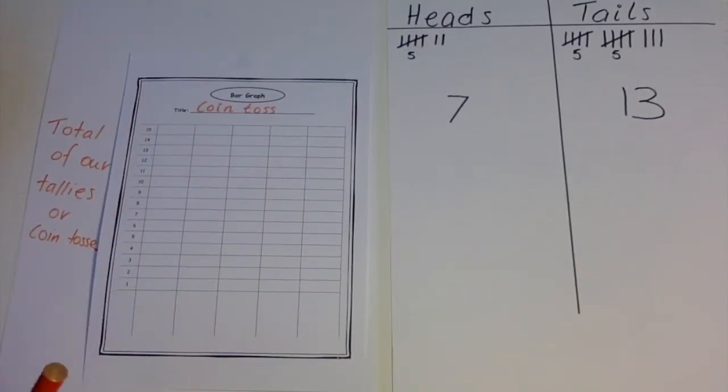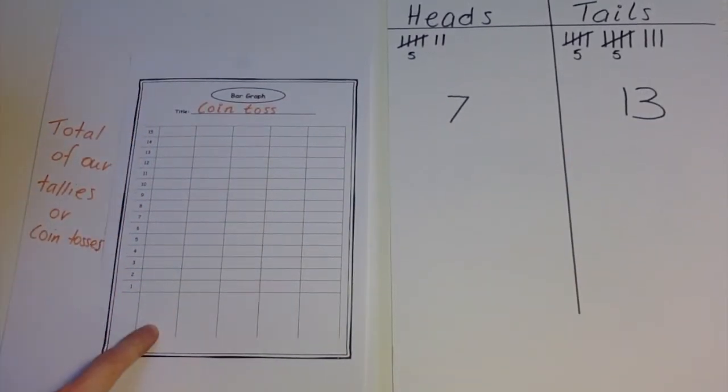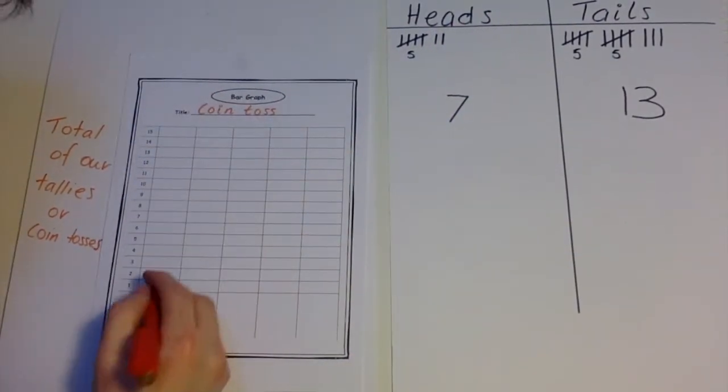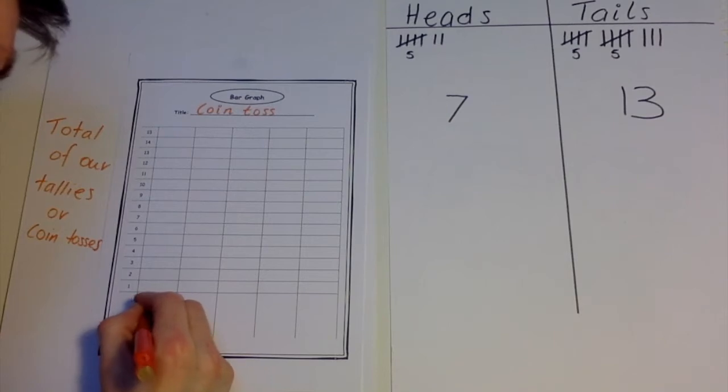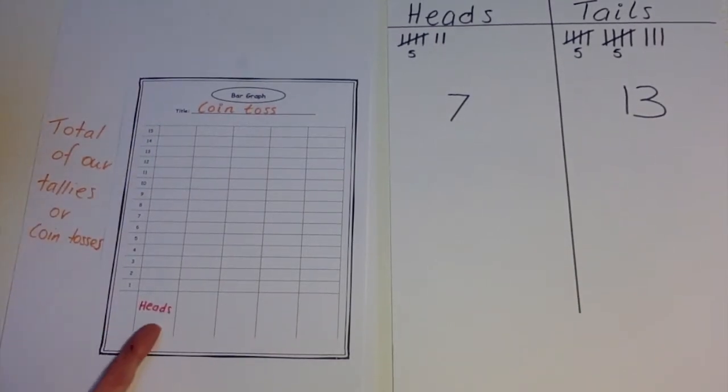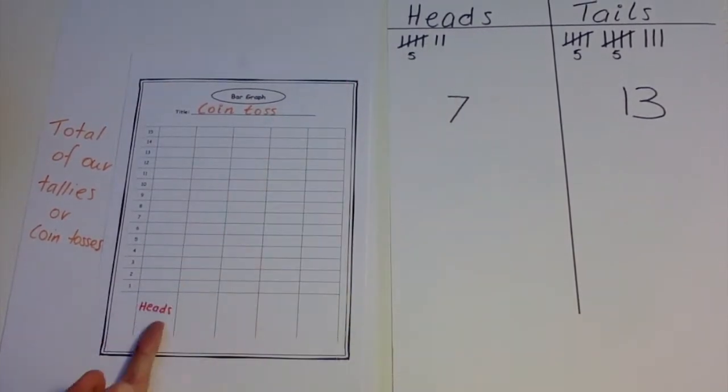Now, with my red, I need to put down here the title heads, because that means heads. So I'm going to put in nice and neatly heads. So that's the title. That's how many heads that I tossed.